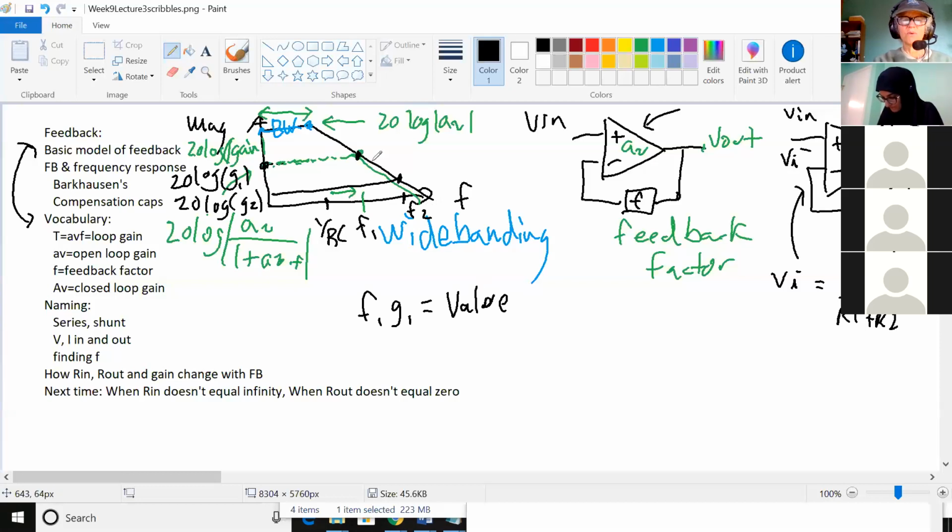Turns out that any point on this line, if you multiply the frequency times the gain, you'll get that same value. So the gain times the bandwidth, I wrote frequency here, but it's the bandwidth, actually equals a constant all the way along that line.